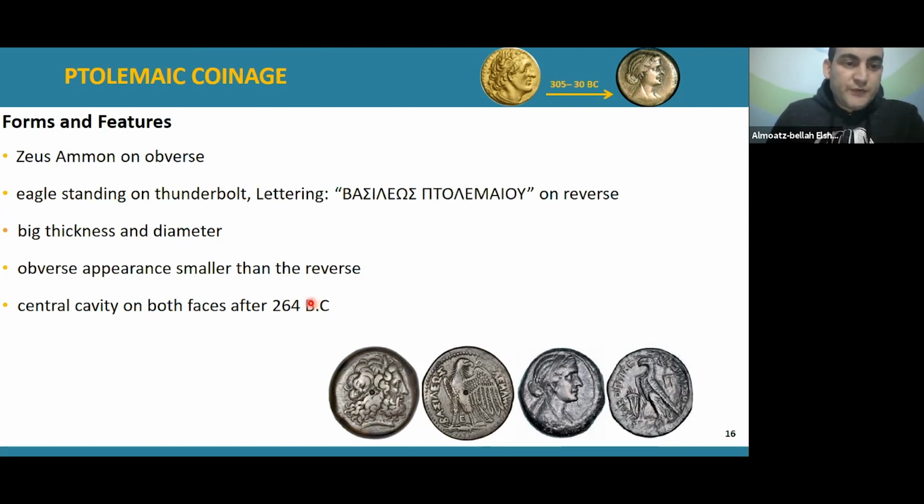Ptolemaic coinage forms and features: often featured Zeus Ammon on the obverse, often showed an eagle standing on a thunderbolt and the name of King Ptolemy on the reverse, big thickness and diameter, obverse appearing smaller than the reverse, central cavity on both faces, especially after 264 BC.